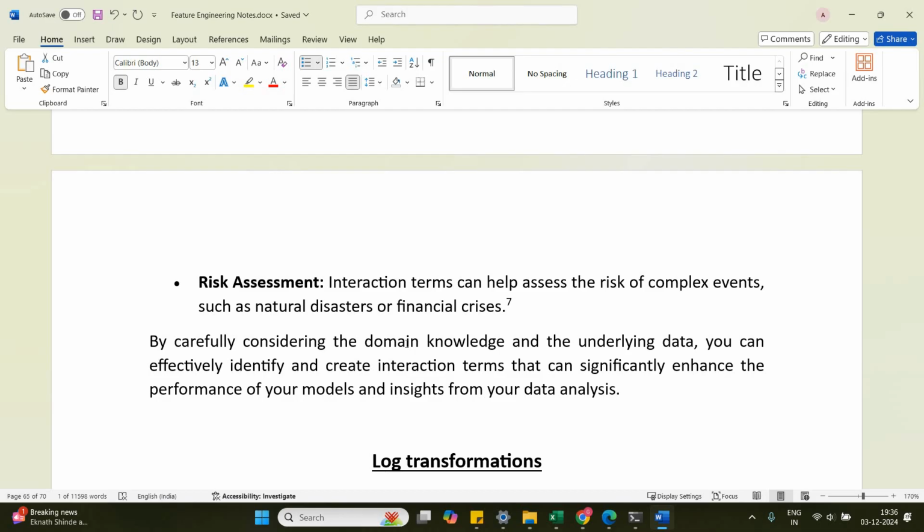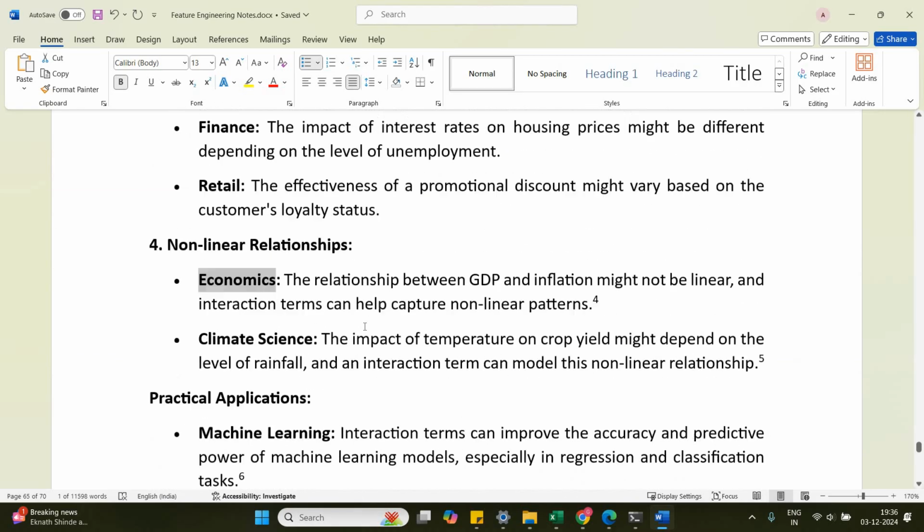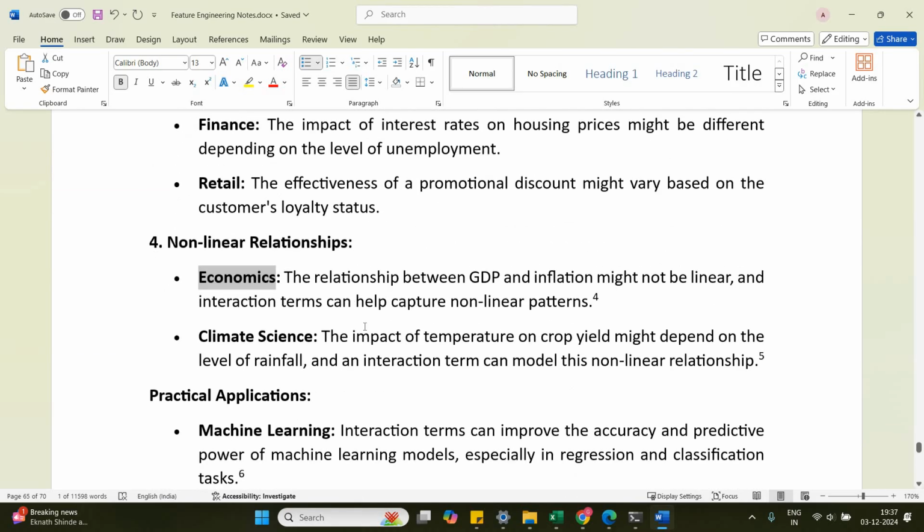Because you need to identify the interaction terms. If there are 4 features A, B, C, and D, then which features will you use for interaction terms? This is really important, and you cannot find it without good domain understanding, right? So domain knowledge is really important in case you are going to use interaction terms.